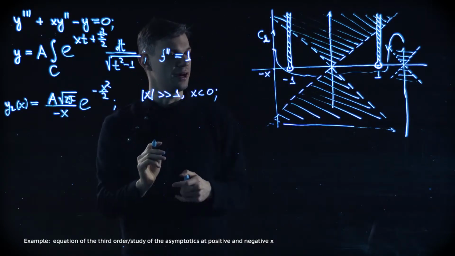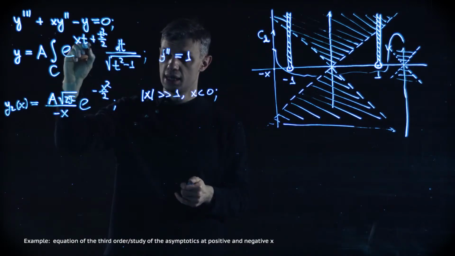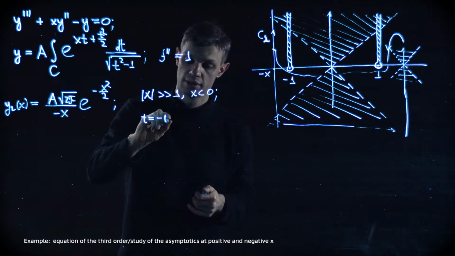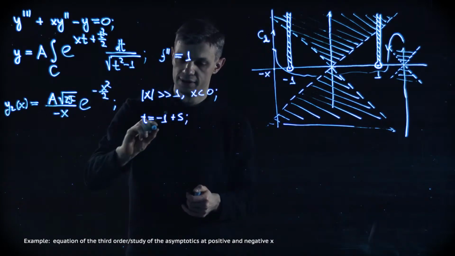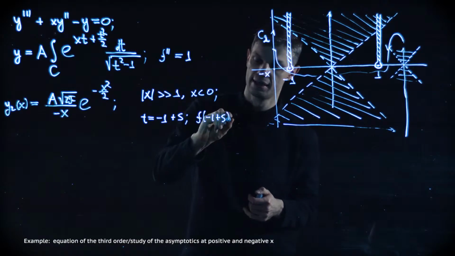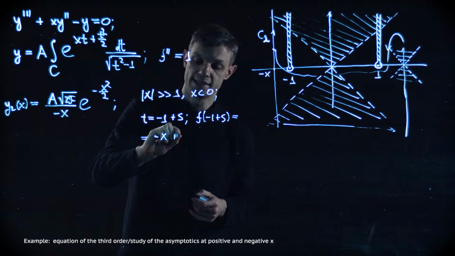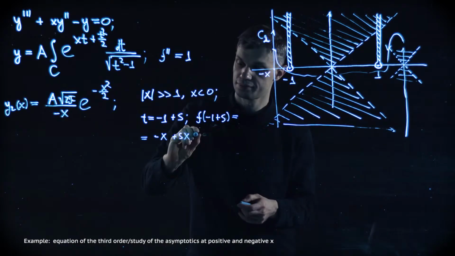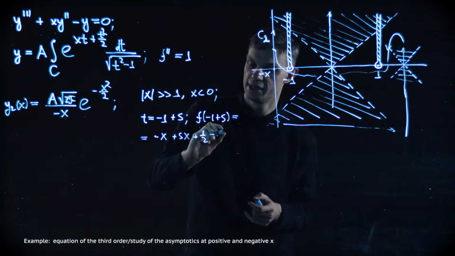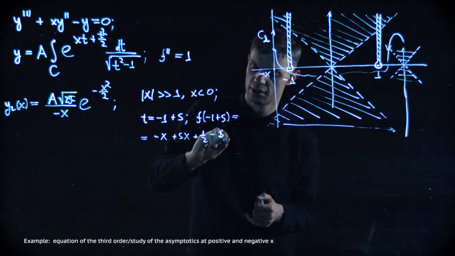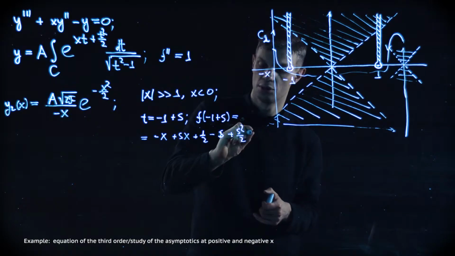So what's the behavior of our exponent function in the vicinity of this branch point? Here is our exponent function. If t is equal to -1, let's make a small deviation from this -1, like -1 plus s. Then f of -1 plus s is obviously x minus x plus sx, plus 1/2 minus... -2 minus s, sorry, and plus s squared over 2.